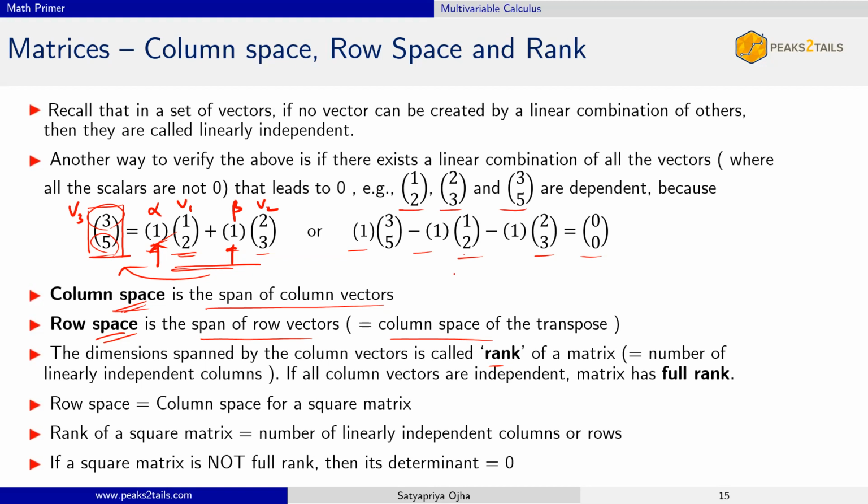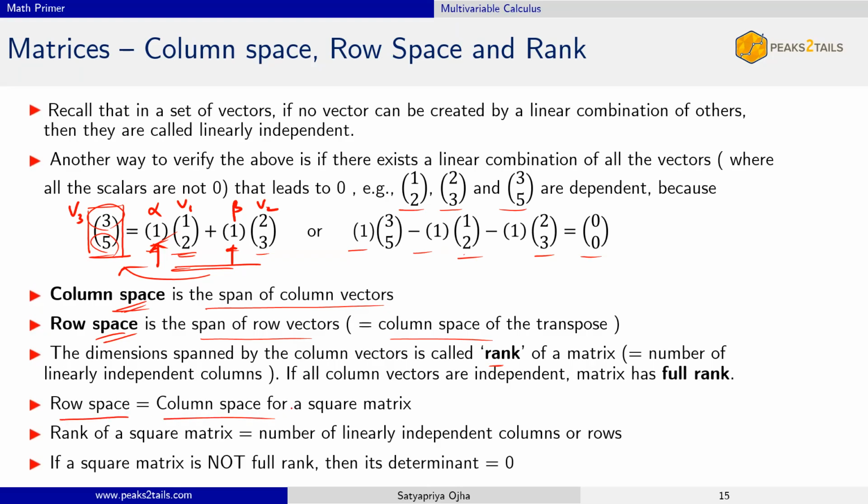I have some examples, it will be clear in the next slide. But yeah, rank of a matrix is the number of linearly independent vectors. If it is a square matrix, it does not matter if you look column-wise or row-wise, it will be the same. That is the beauty of it. If it is a square matrix, you can just look at the columns and see how many of the column vectors are linearly independent. That's the rank of the matrix.